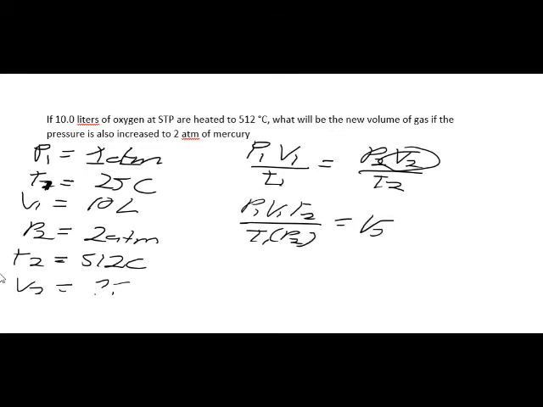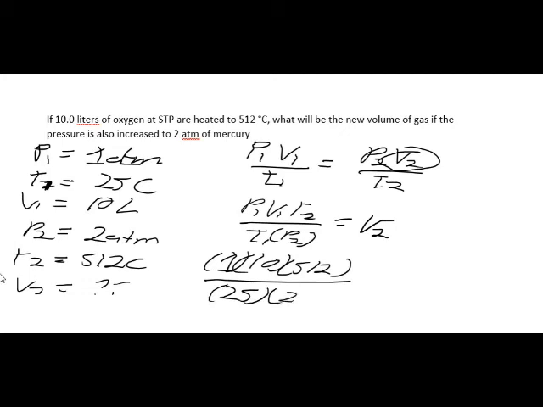There you go. And then let's just substitute the values. P1 would be 1, V1 would be 10, and T2 would be 520, divided by 25 times 2.